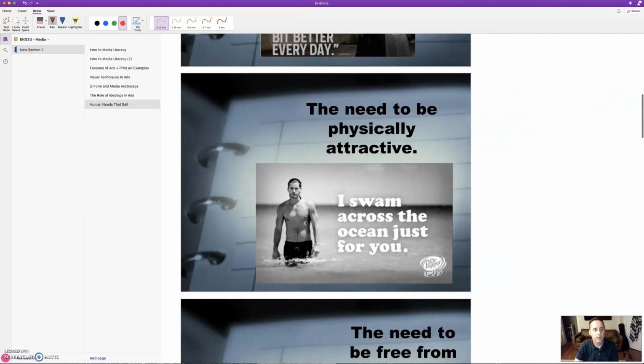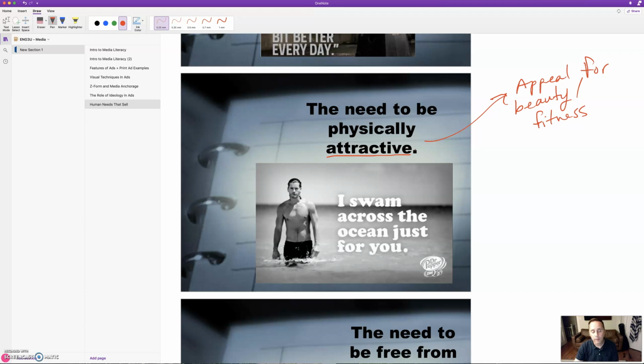The next one would be the need to be physically attractive. So this is an appeal to the desire for beauty, and part of beauty in this case is fitness as well.